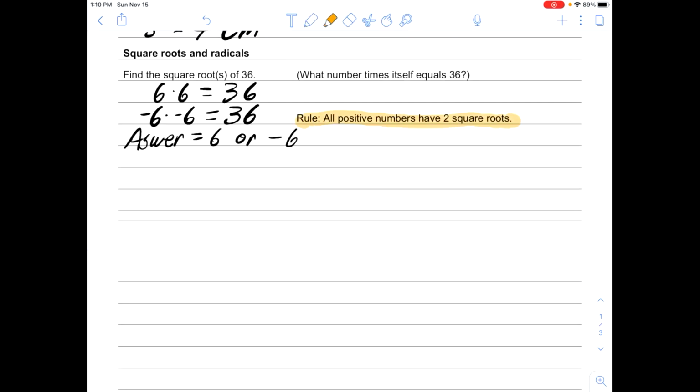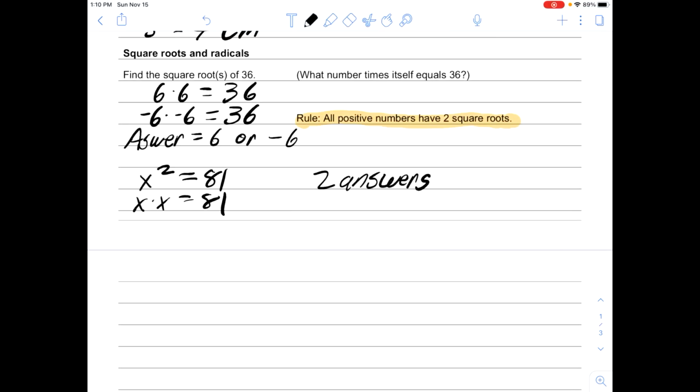Another way that we could write this would be to say, what number squared equals, for example, 81? This is the same as asking what number times itself equals 81. And again, for this type of problem, I'm going to have 2 answers.